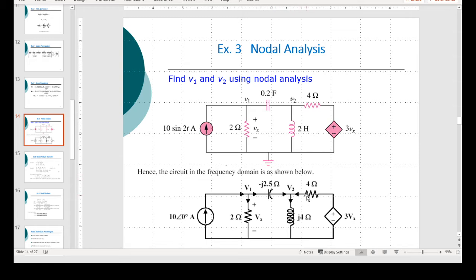This current here is simply 3Vx minus V2 divided by j4. Now notice that here Vx is the same as V1. So when you say 3Vx, you can substitute Vx by V1. Alright?